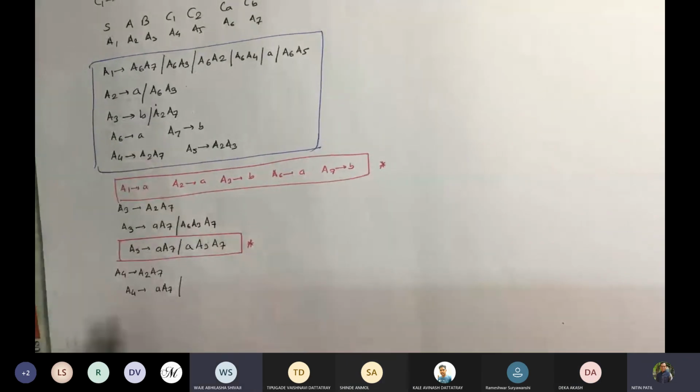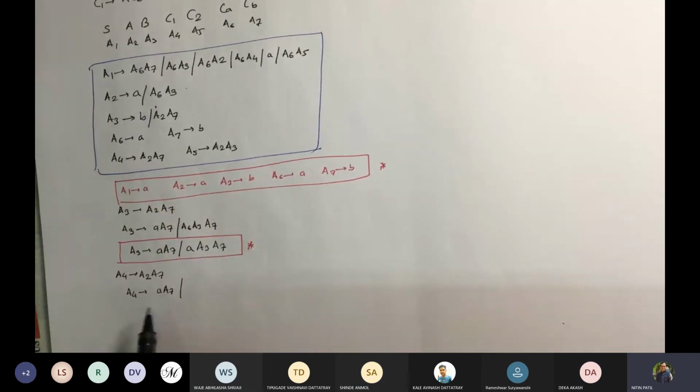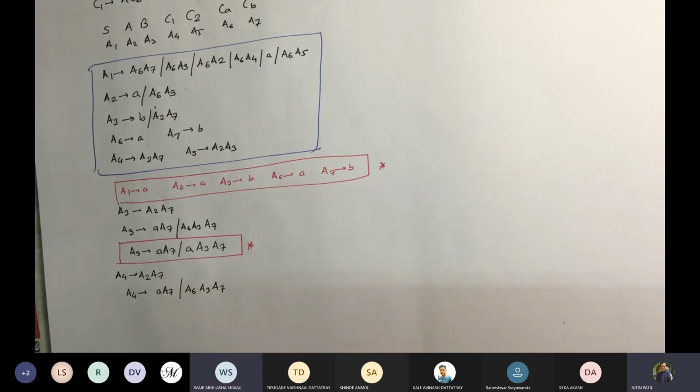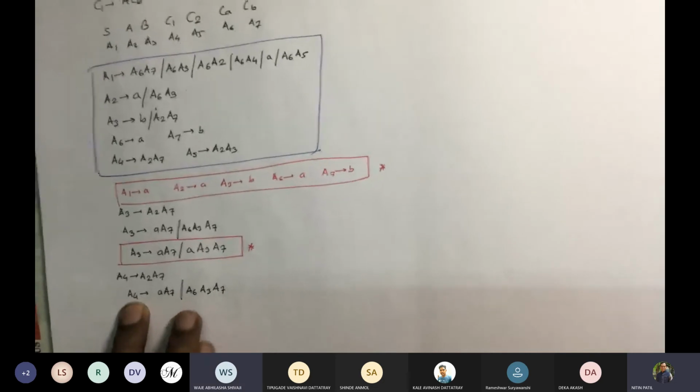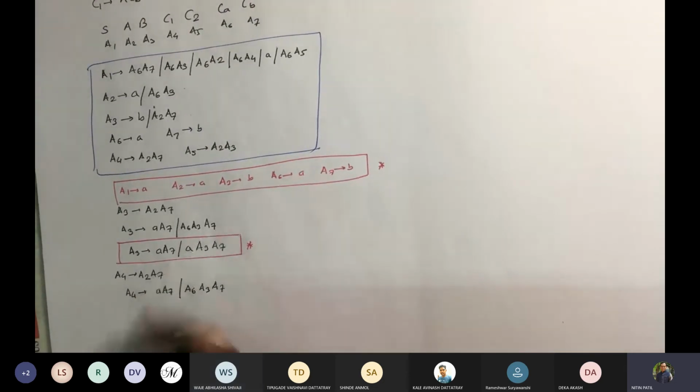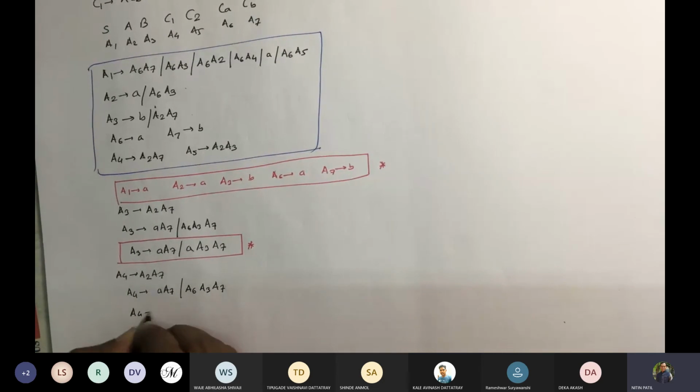A2 के कितने वैल्यूज है? ये 2। फिर यू पुट देम, यू गॉट A7 और दूसरा क्या था? A6 A3 A7. अभी फिर से यही हो गया, ये इंडेक्स बड़ा हो गया ना, तो इसको आप A6 को डायरेक्टली रिप्लेस कर सकते हो। तो क्या आ जाएगा A4 का वैल्यू?